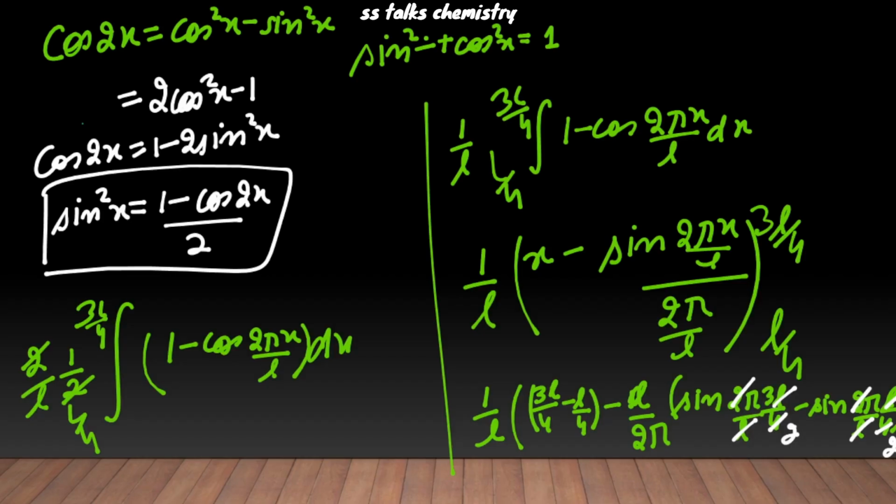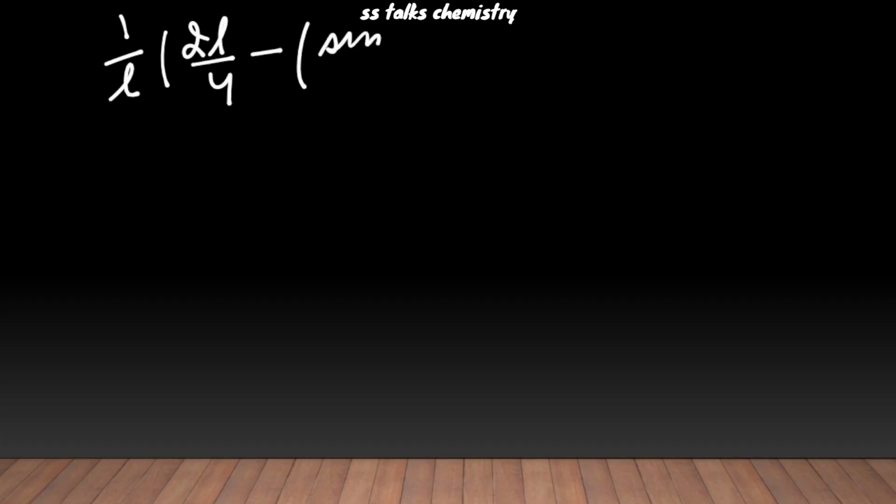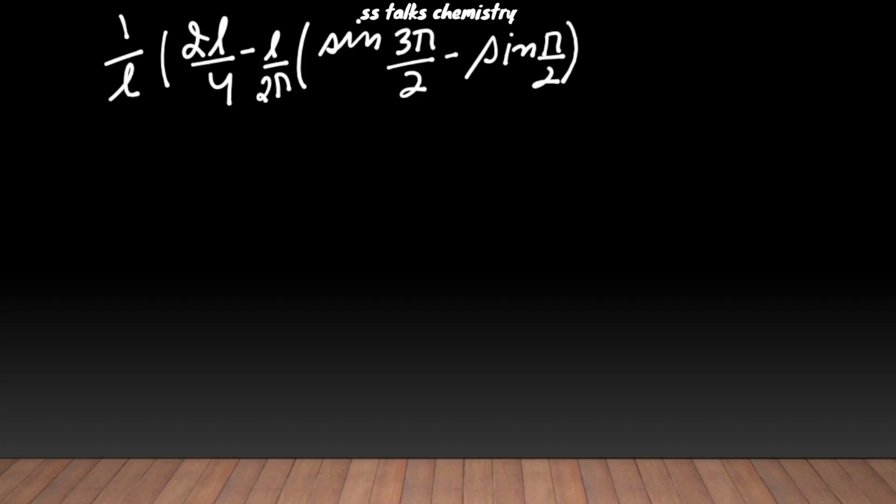Here it will be coming like this. It will be 1 by L into 2L by 4 minus L upon 2 pi, sine of 3 pi by 2 minus sine of pi by 2. So now substitute these values of the sine.